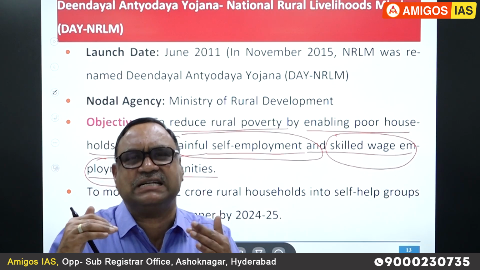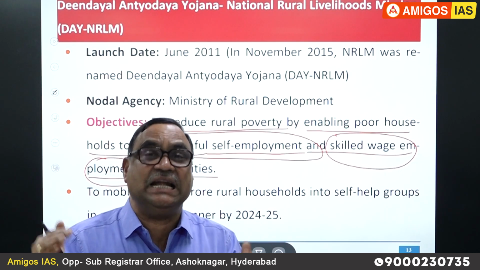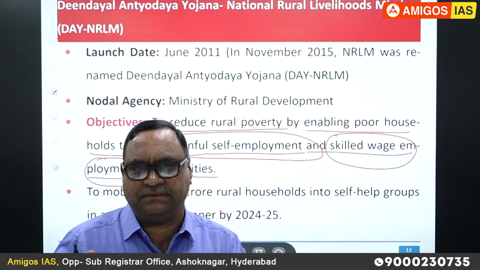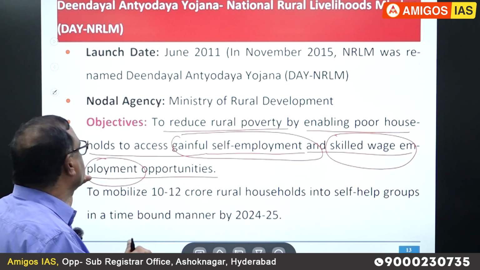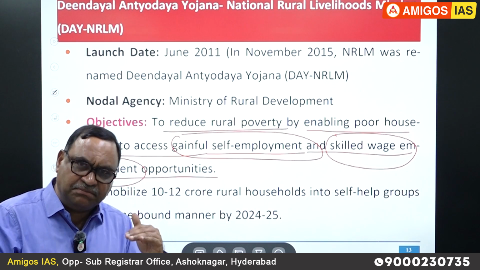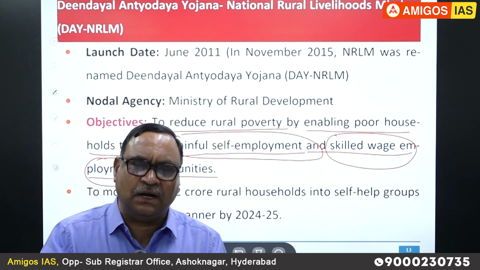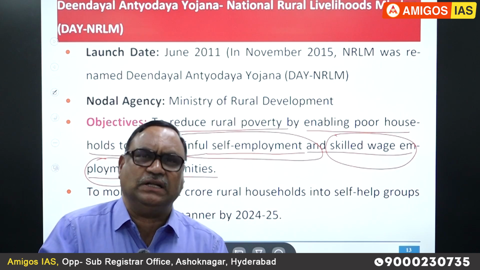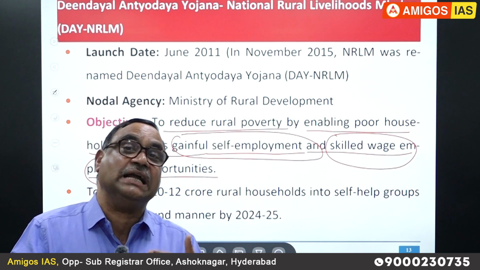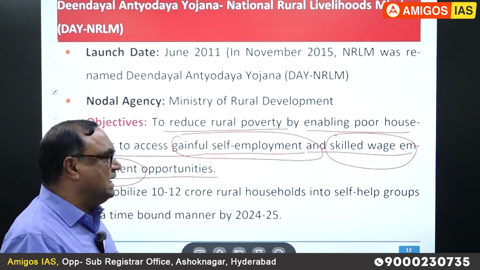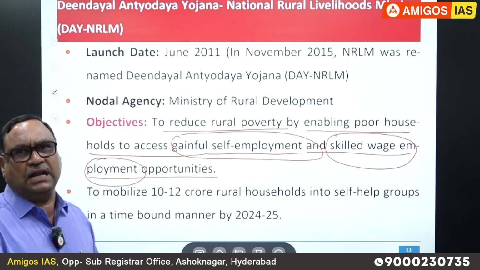MGNREGS mainly focuses on wage employment, whereas NRLM mainly focuses on self-employment and of course also skilled wage employment. That means under NRLM, skills are provided to unemployed youth or unemployed persons so that either they can create self-employment on their own or they can engage themselves in skilled wage employment. So this is the main objective of NRLM.